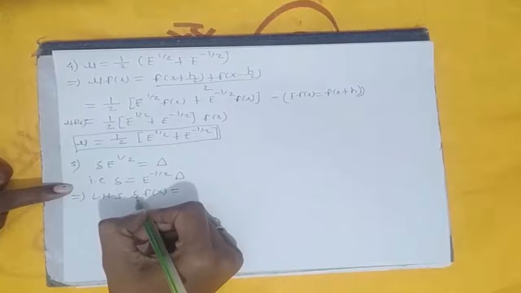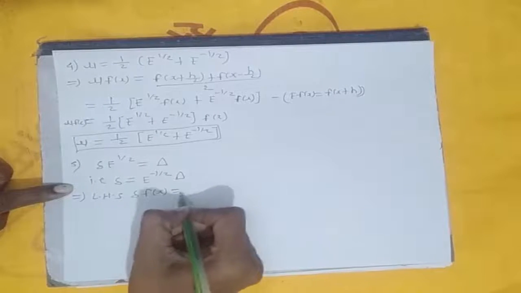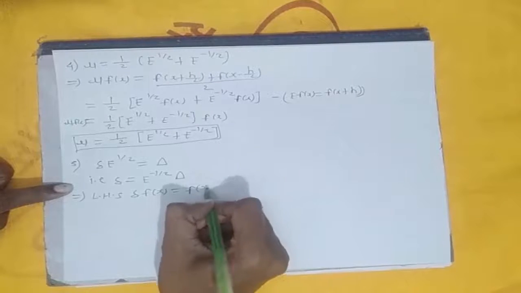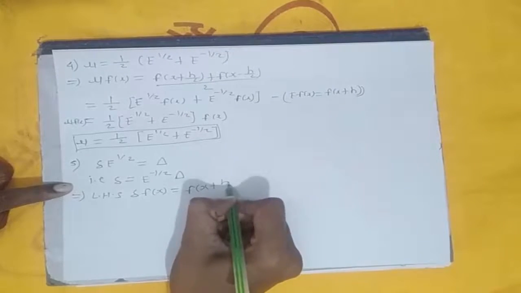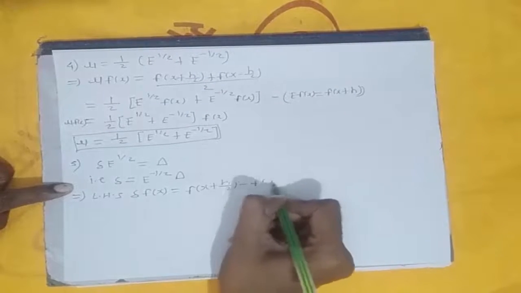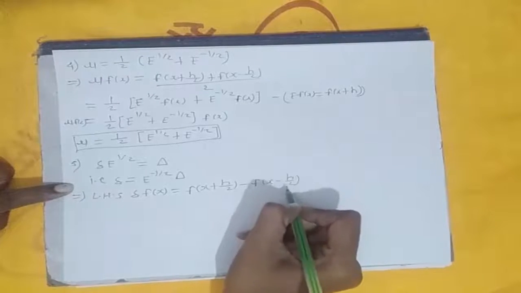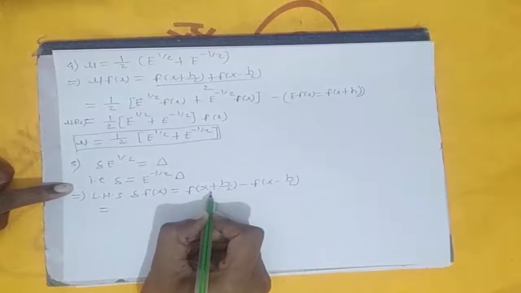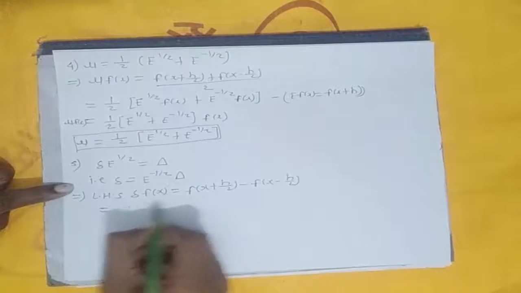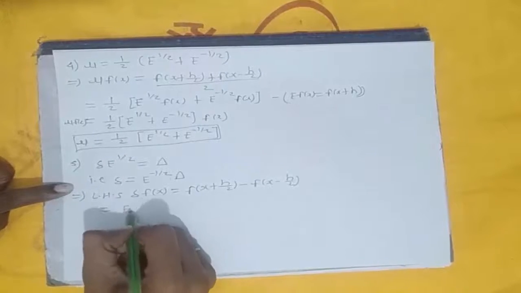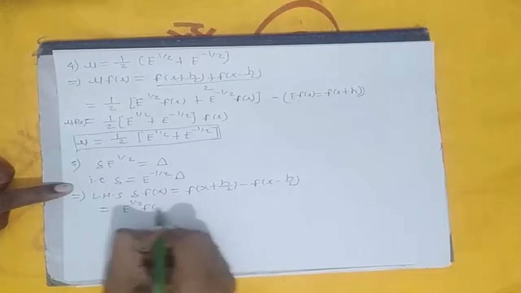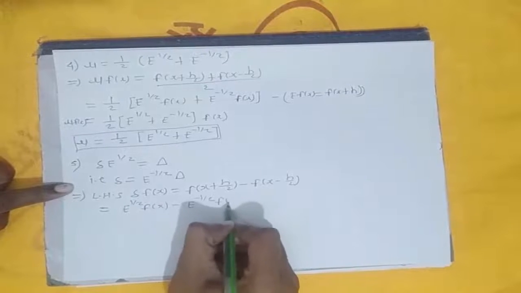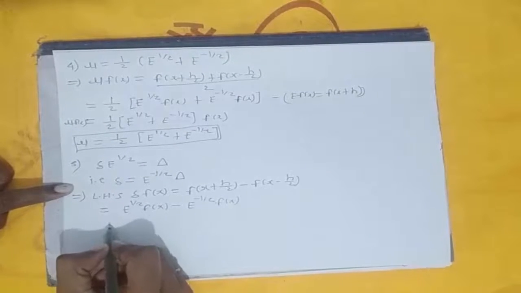We apply the central difference operator on f of x; by its definition we get the difference of these values, f of x plus h by 2 minus f of x minus h by 2. Okay, it is equal to, again using the definition of the shift operator, we can write instead of f of x plus h by 2, e raised to 1 by 2 f of x, minus e raised to minus 1 by 2 f of x.